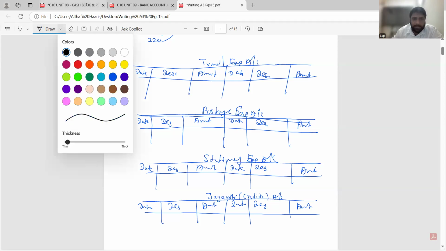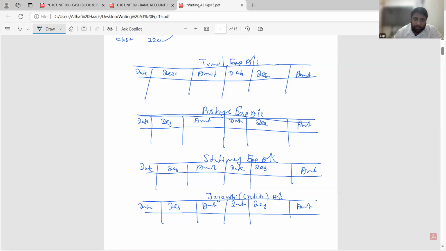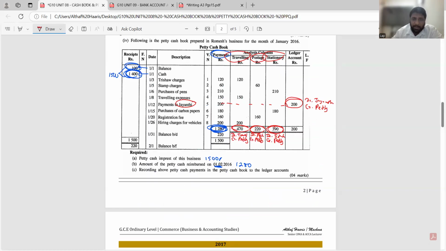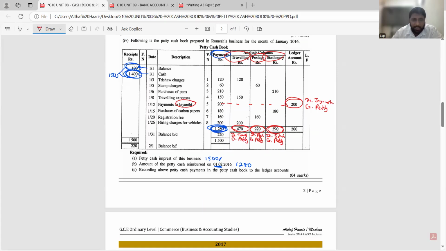What are the values? 470, 220, 390, 200. What is the month? January.